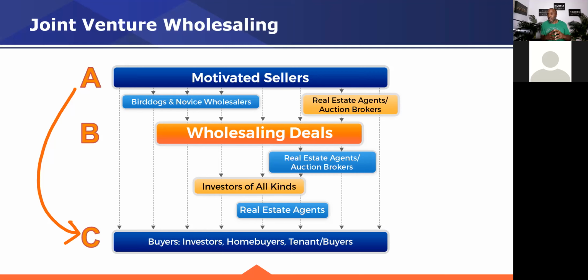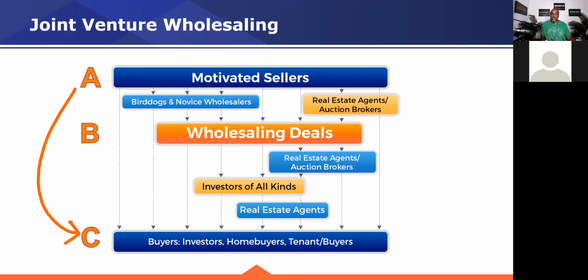I said multiple because it could be more than two, but two or more parties working together to either connect a motivated seller A to a wholesale buyer C, and then of course work out some joint venture terms where you split the wholesale fee between the wholesaler B and whoever that additional party is that's bringing either the seller or the buyer.